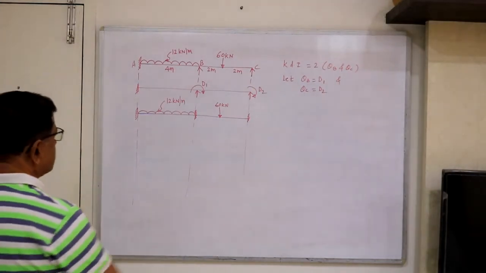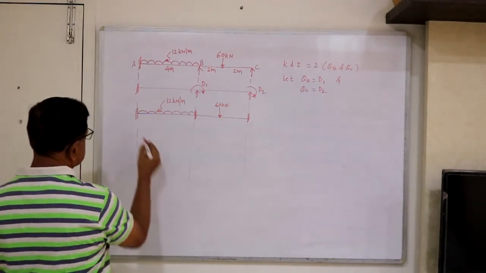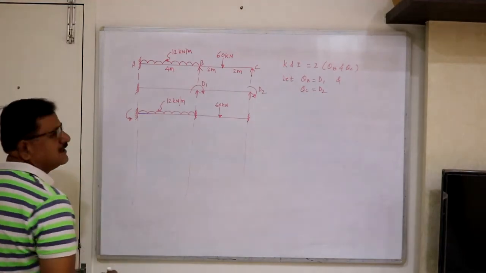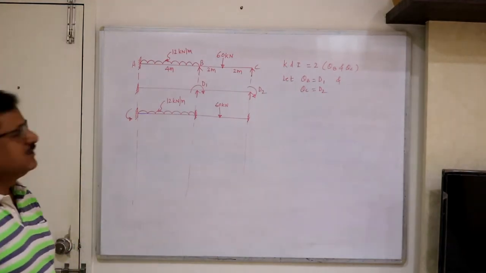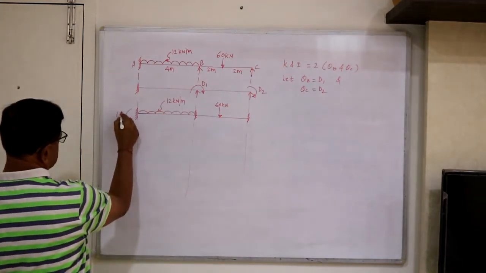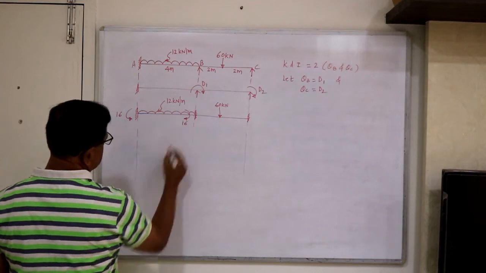Because these are the rotations, our only interest is fixed end moments, no reactions. We know this is WL square by 12, so 12 gets cancelled, so this is 16. And here also you will get 16.